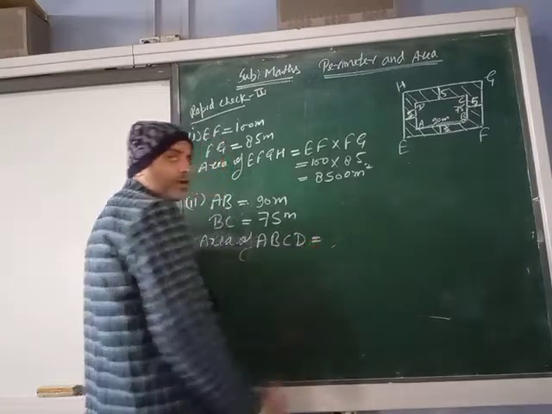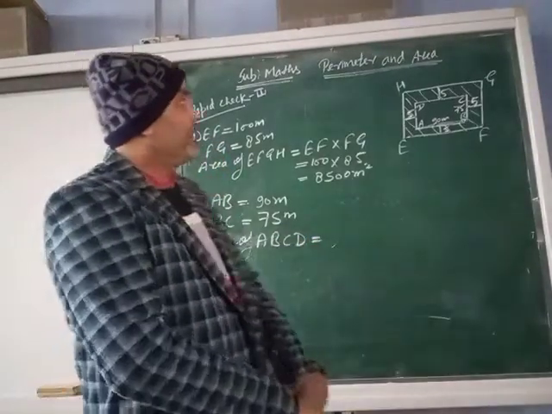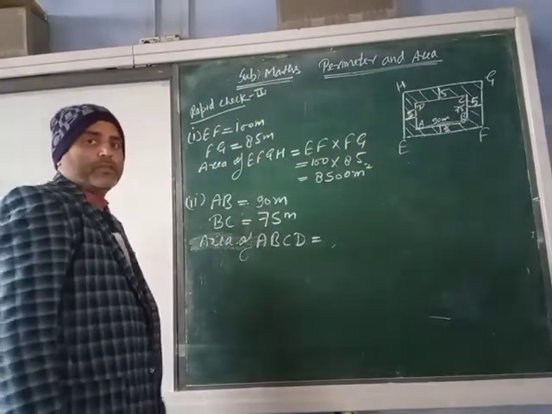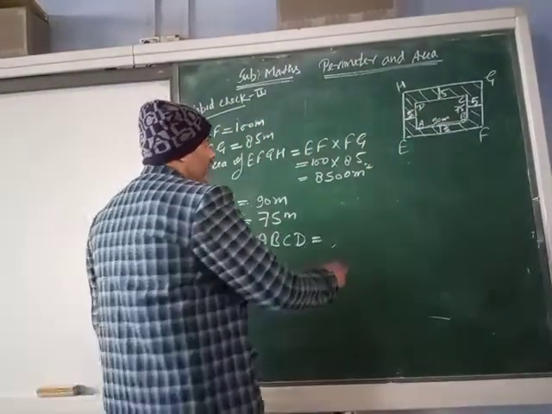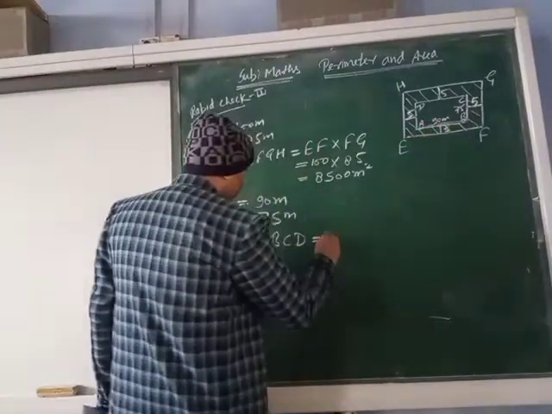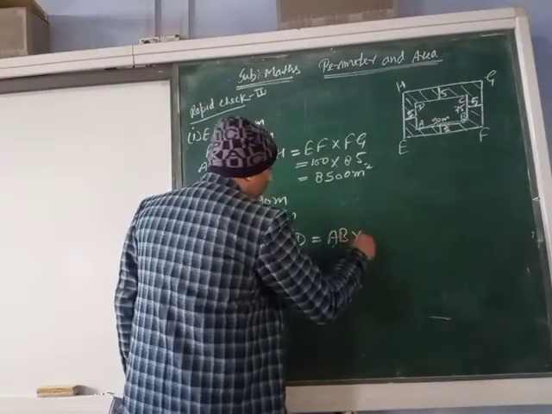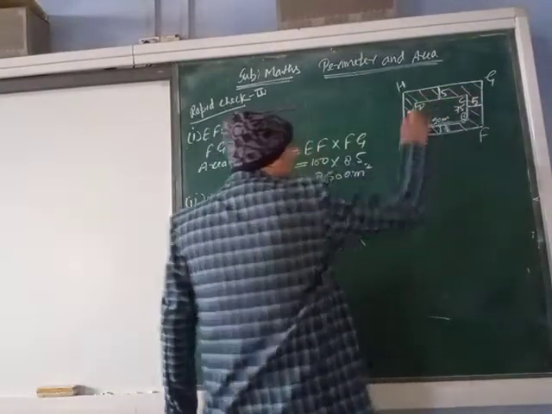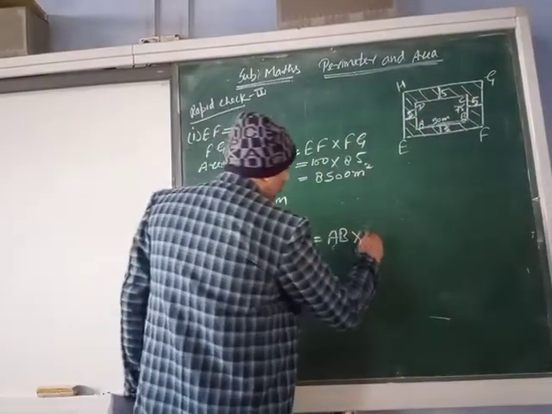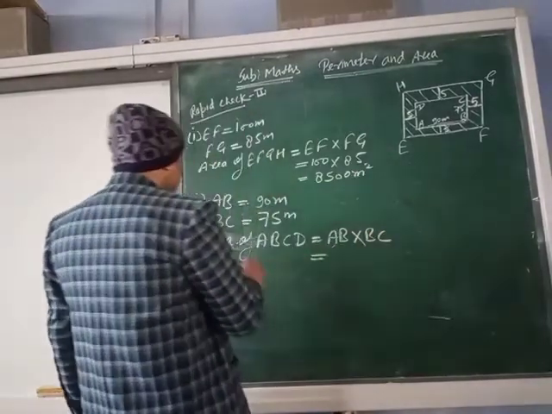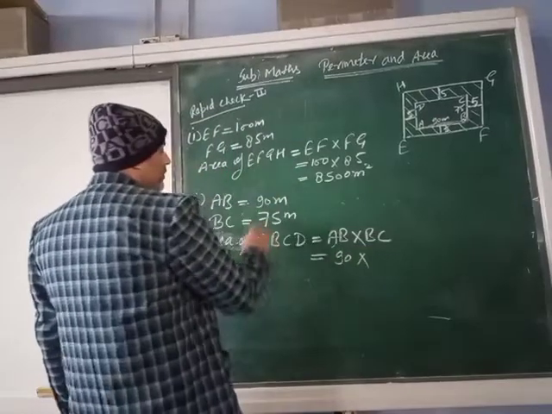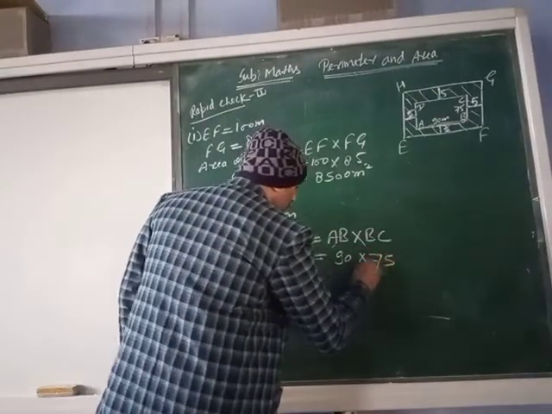Again, you will see ABCD is also a rectangle. The area of a rectangle is length into breadth. So what is the length? That is AB, and the breadth you can take as BC. You can take BC or AD, both are the same. AB is given, that is 90 meter, and BC is 75 meter.